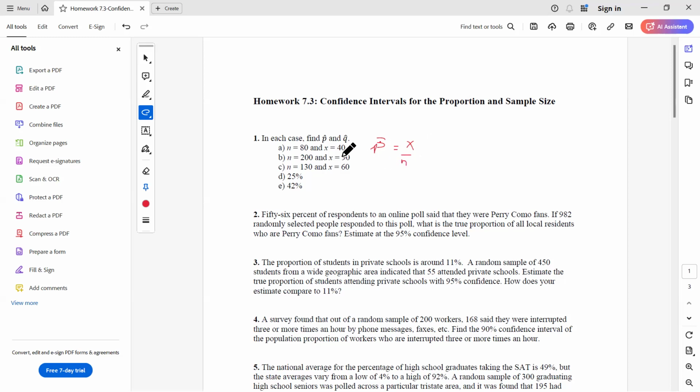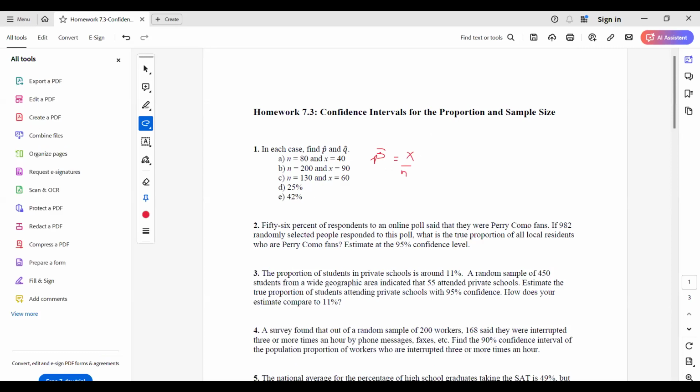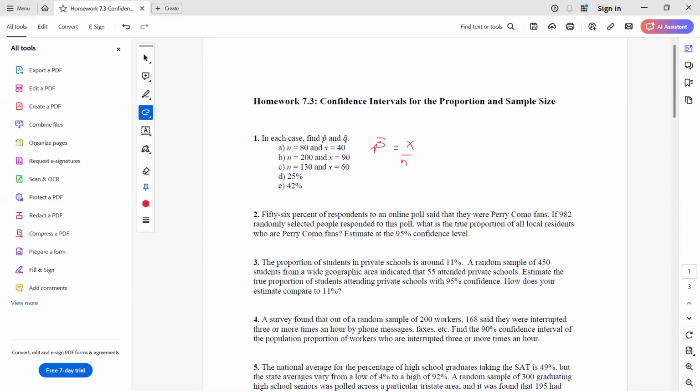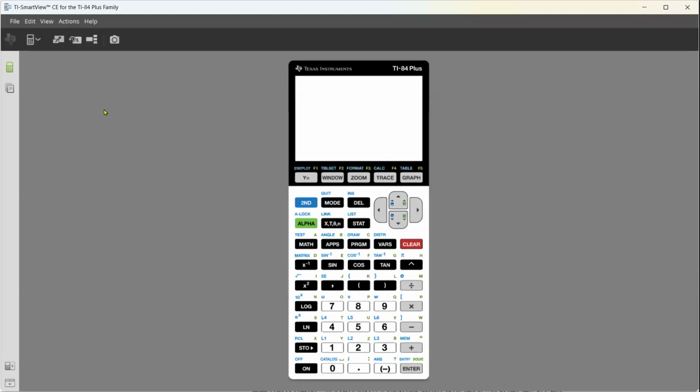So for example, in A, x is 40, n is 80. So if you have, let me bring up the calculator here, remember here that for 1A, we have x is 40, n is 80, right?